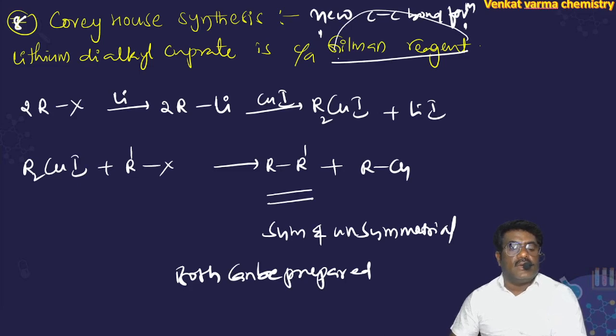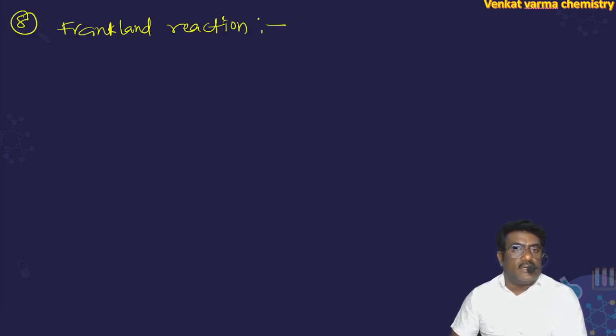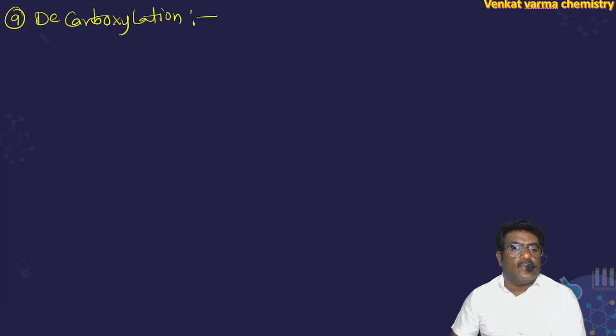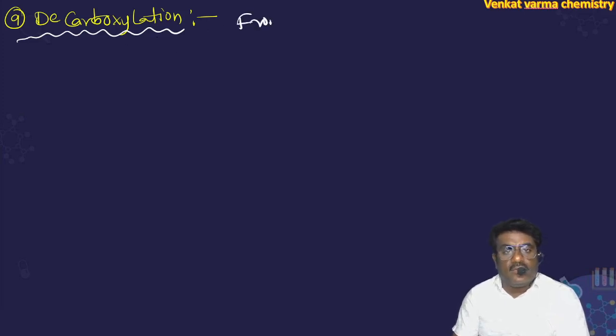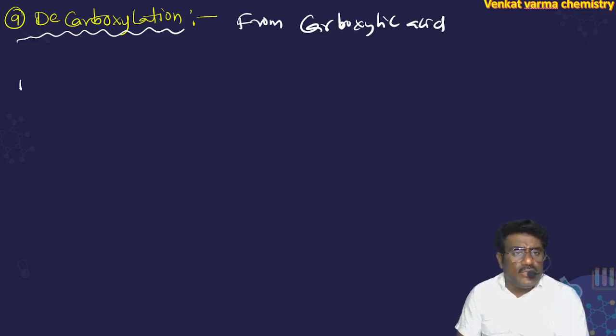Let's look at the next method, decarboxylation. What is meant by decarboxylation? Very simple: removal of carbon dioxide from a salt of a carboxylic acid. The sodium salt of a carboxylic acid, RCOONa, in the presence of soda lime.